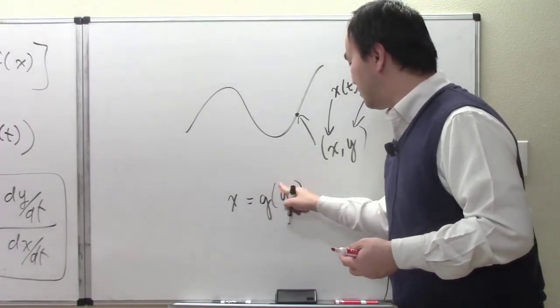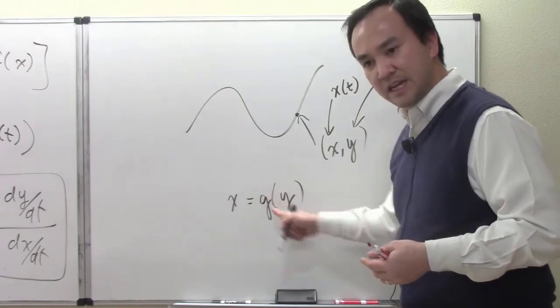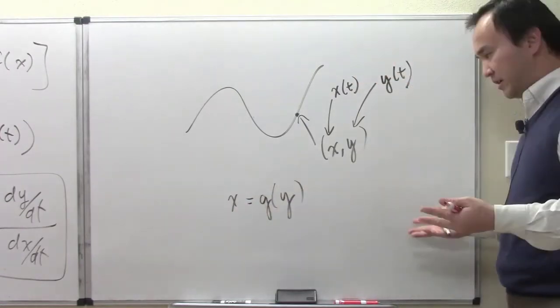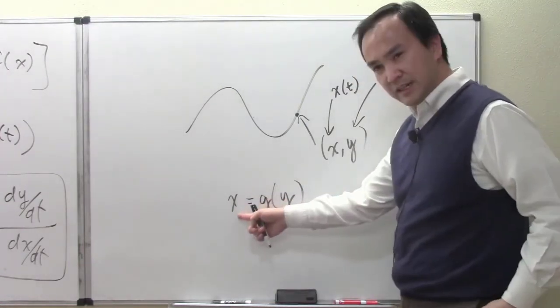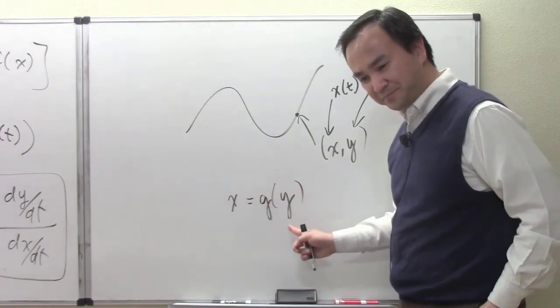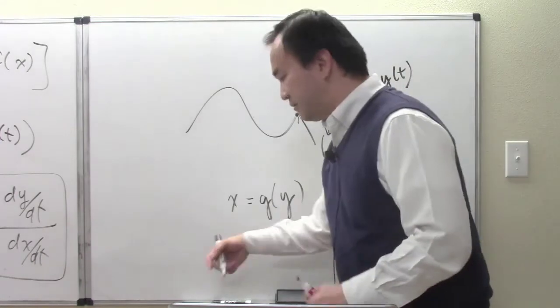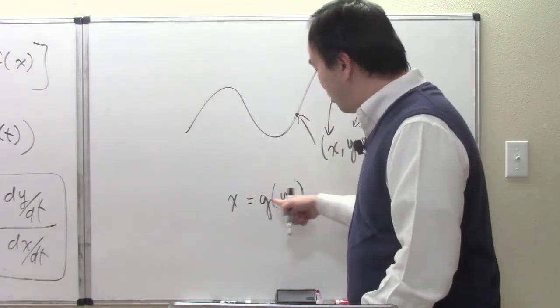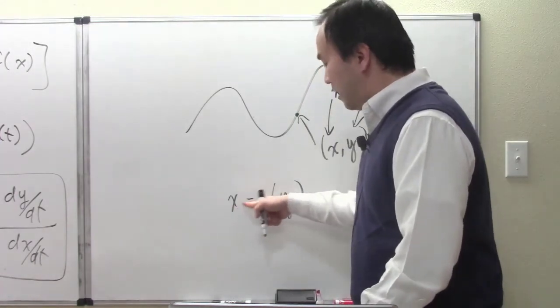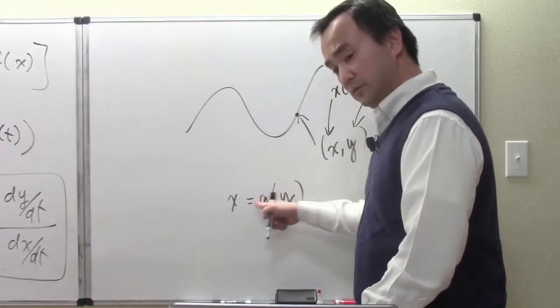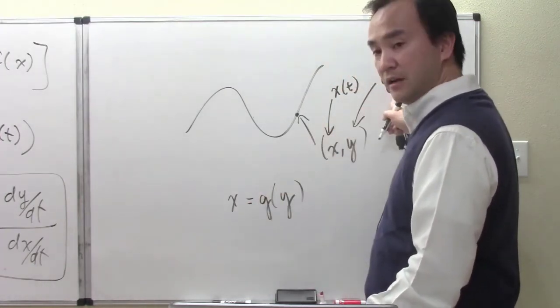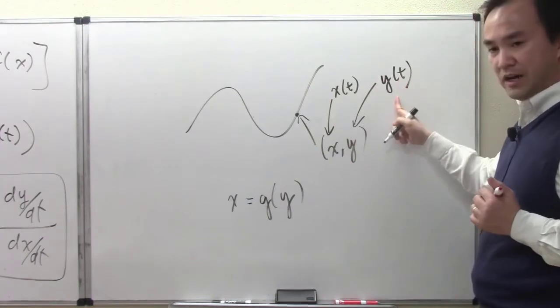What if our relationship is another relationship between x and y, still a functional relationship, but x is a function of y? Okay, so what if we're in that situation? Then still, each one of x and y can be, on its own, a function of t. x is a function of t, y is a function of t.